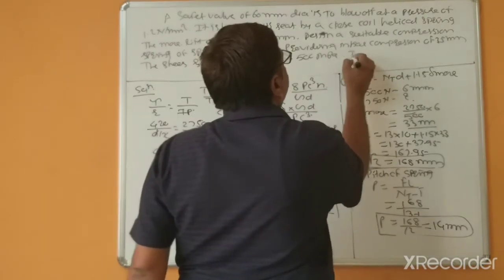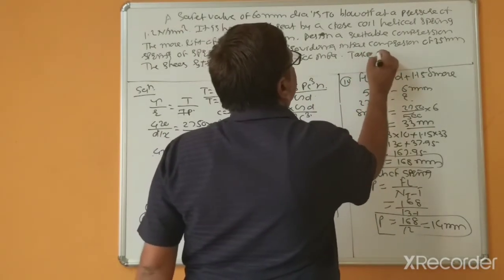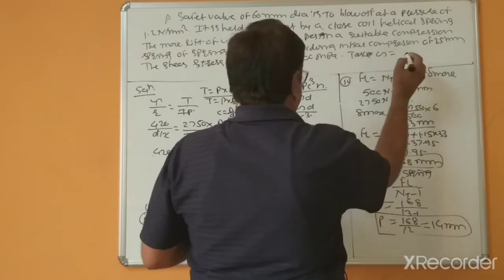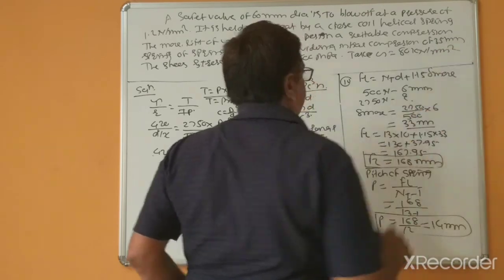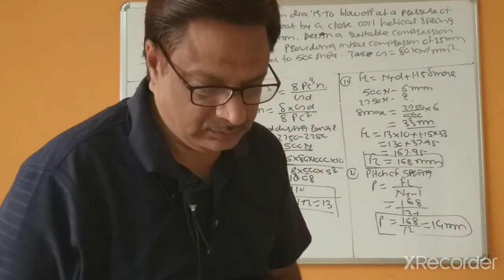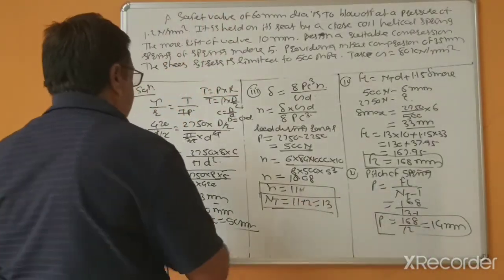Take G equal to 80 kilonewton per mm squared. This is given.